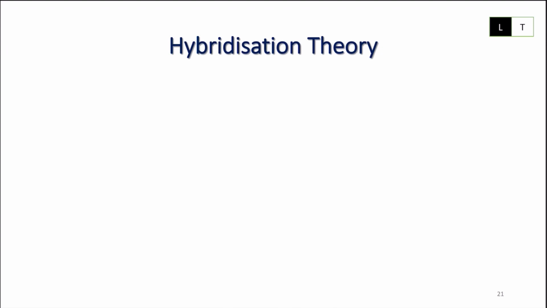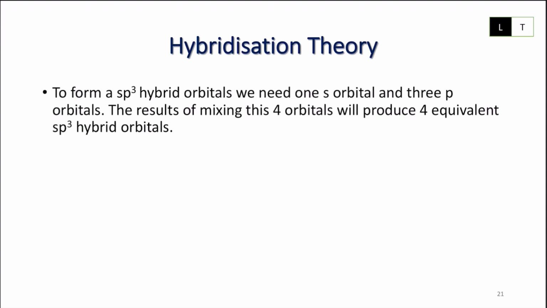So macam mana proses hybridization berlaku? For example, if we want to form sp3 hybrid orbitals. sp3 hybrid orbitals maksudnya kita perlukan 1 s orbital dan 3 p orbitals. So apabila dia mix together 1 s dengan 3 p, dia akan hasilkan 4 orbitals sebab 3 tambah 1. Dan 4 orbitals yang baru ni kita panggil dia sp3 hybrid orbitals dan dia mempunyai energi yang sama.